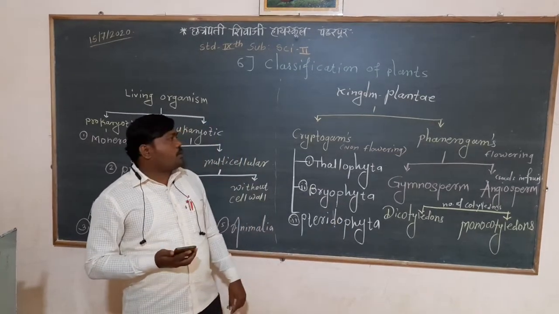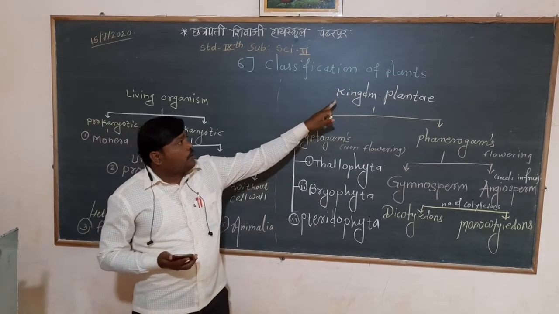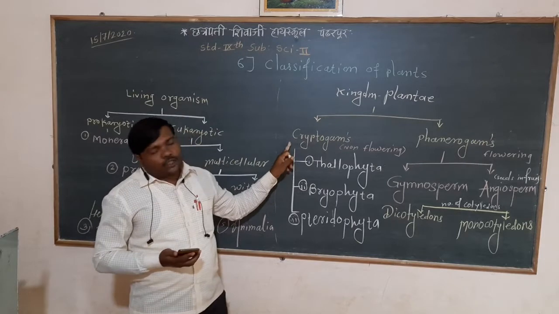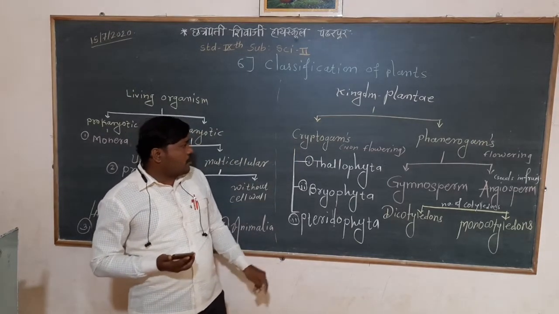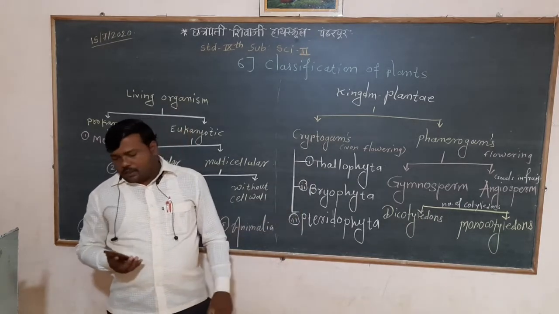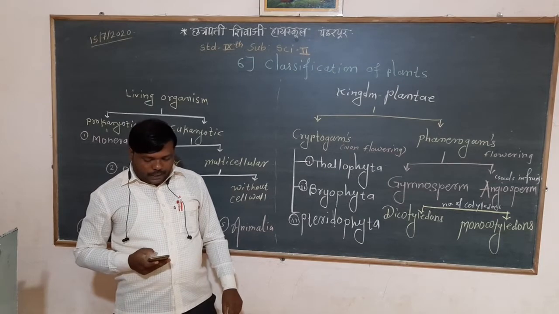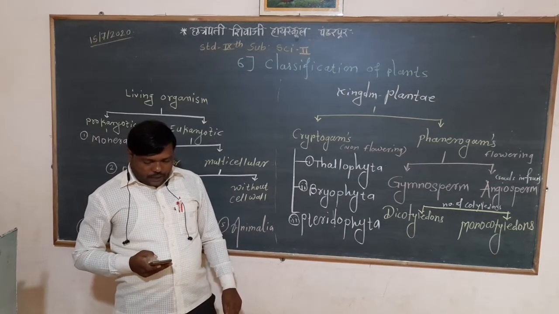And today we have to discuss the divisions from the kingdom Plantae, subkingdom Cryptogams. We look at the divisions. First of all, the first division is the Thallophyta. This group is very important.